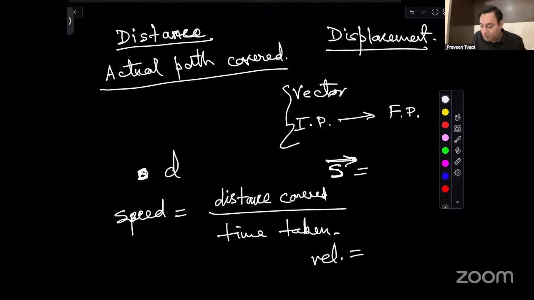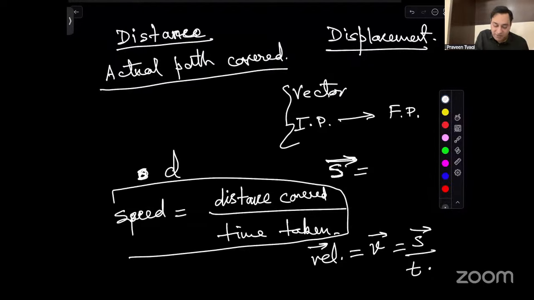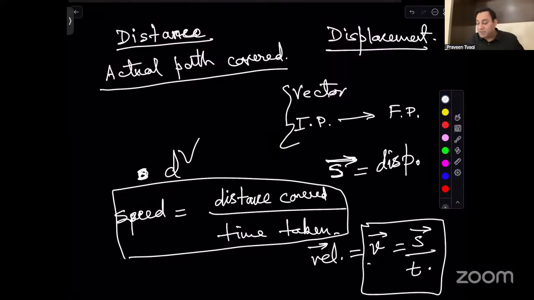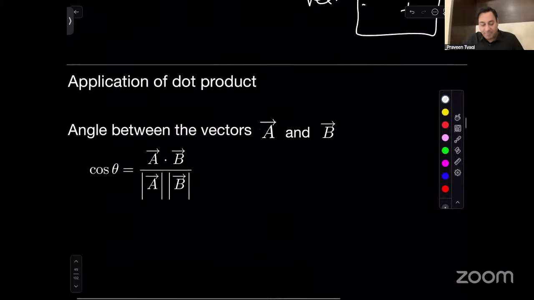Velocity is a vector, and velocity is defined as displacement upon time taken. Now, speed is a scalar quantity because distance is a scalar quantity. Displacement is a vector quantity. Therefore, velocity, which is displacement upon time, is a vector quantity. Please understand this.